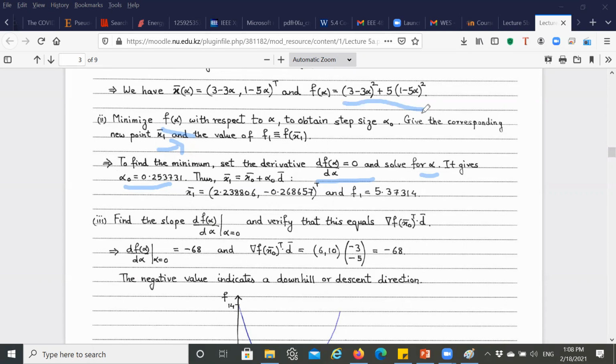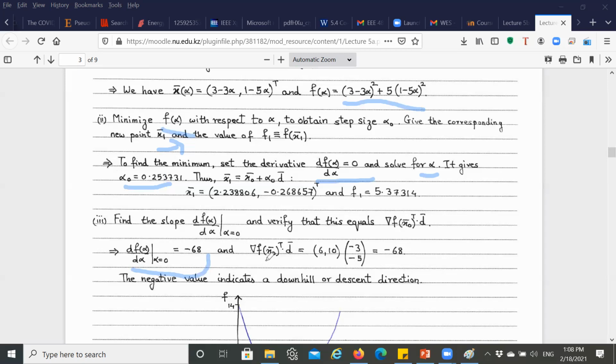If I put alpha equal to 0, this would be -18, -18, -68, am I right? Yes. I've written it over here, I did not see this. So when you find this, it would be -68.